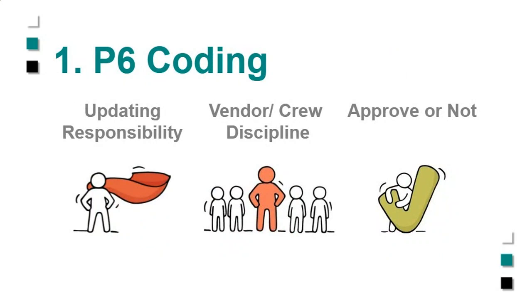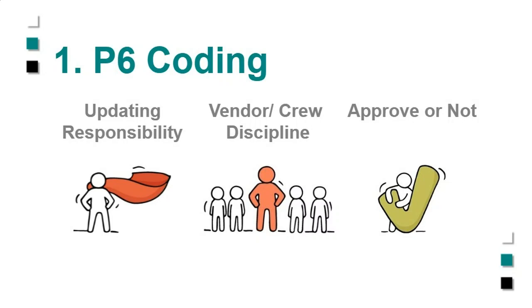So the way that we've put the infrastructure in place for CAPPS with P6 is very much based on our coding responsibilities, things that you probably use already, like vendor codes, crew codes, discipline codes. We use those to allow you to filter to the person that you're giving the updates to in CAPPS.